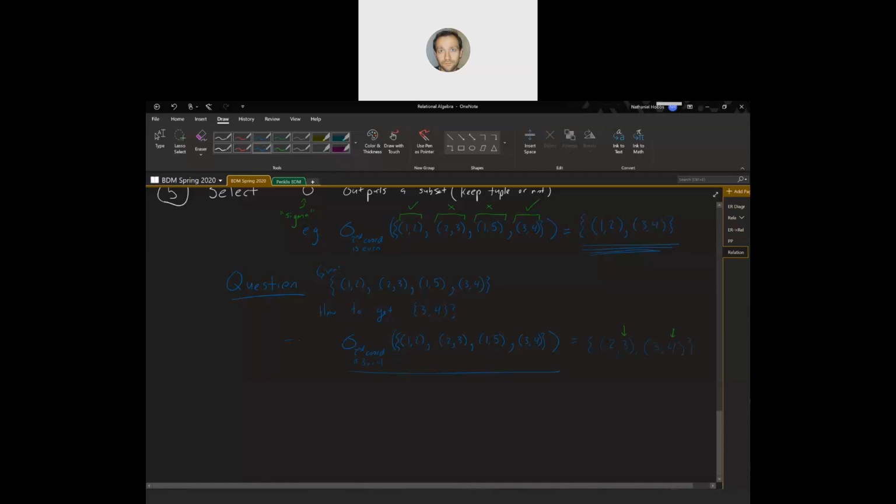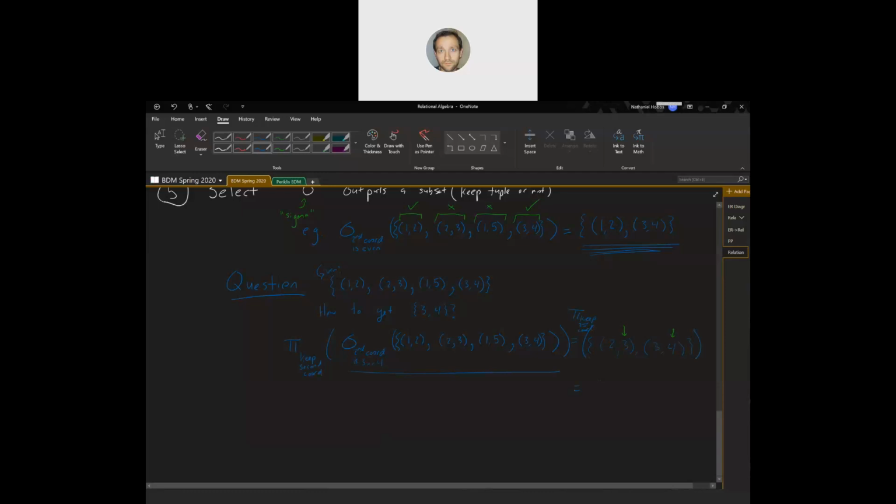So you can then apply a projection to this, which is keep second coordinate. That is the same as taking this and applying pi keep second coordinate.